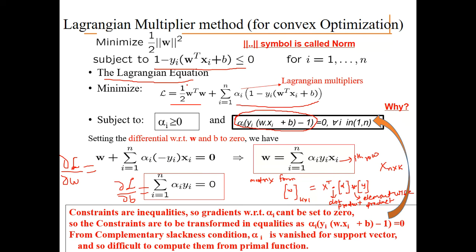Here you might be a little confused how 1 by 2 W transpose W became W when differentiated with respect to W. If you take W transpose W, you will get W1 square plus W2 square, because it is W1 W2 multiplied by a vector, W1 W2. If you multiply one row by one column, you will get this.